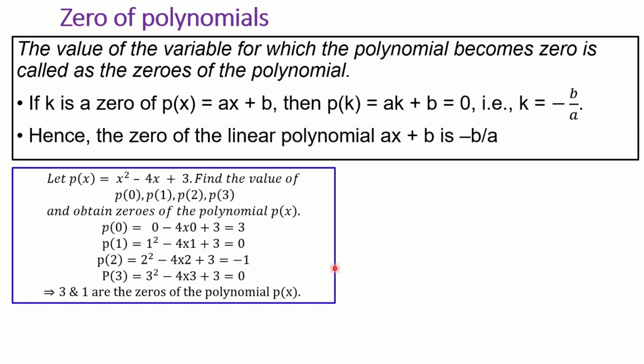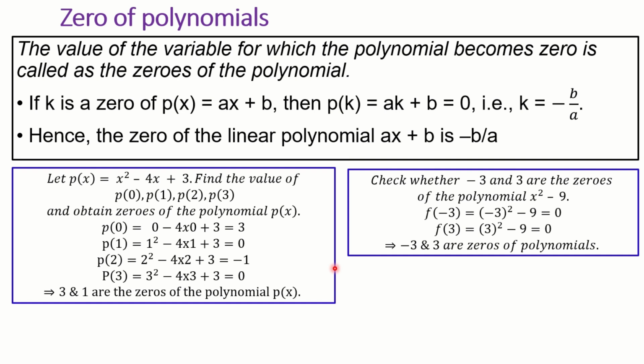Just an observation. Now, another question can come like this. Check whether minus 3 and 3 are zeros of the polynomial x square minus 9. So, simple. If you want to find out if a given value is a zero of a polynomial or not, just substitute and see. That is as simple as that. So, f of minus 3 is 0, f of 3 is 0. So minus 3 and 3 are zeros of the polynomial. And if you see the polynomial, it is x square minus 9.